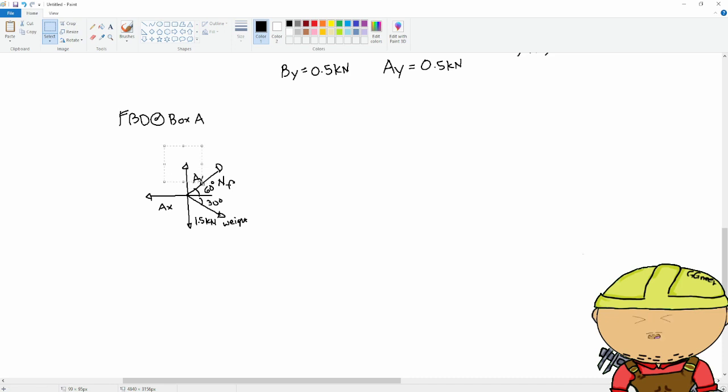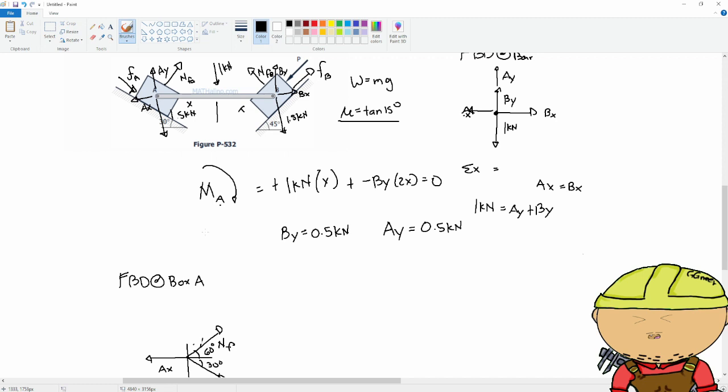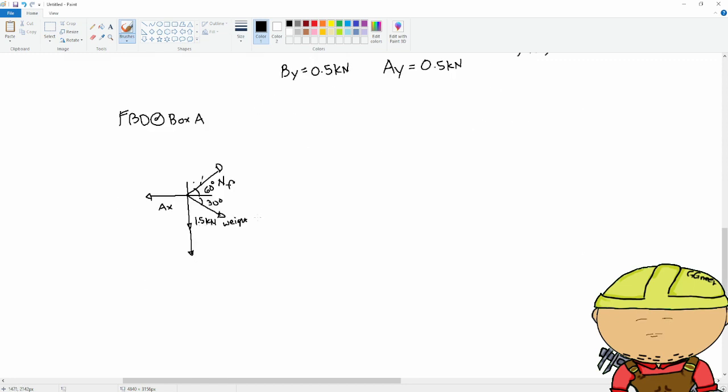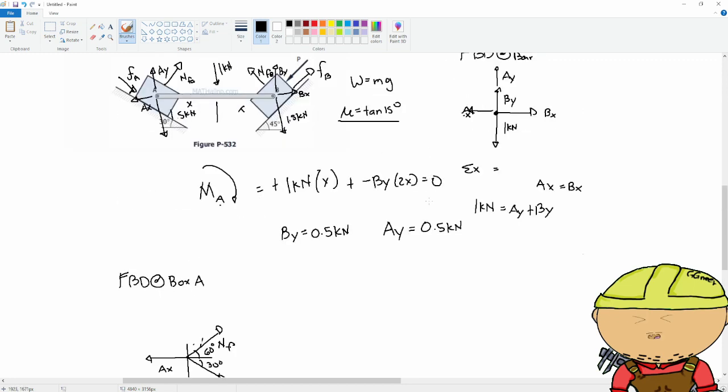Sir, why is AY downward but you drew AY upward? First of all, AY is downward because the weight of 1 kilonewton is downward. Yes, the reaction of AY when we're talking about the bar is upward, 0.5 kilonewton upward.